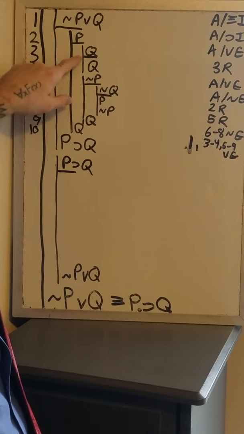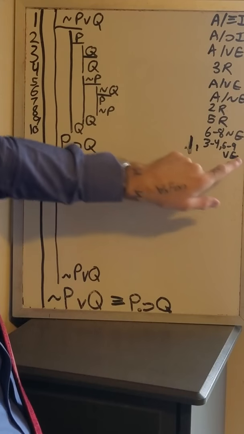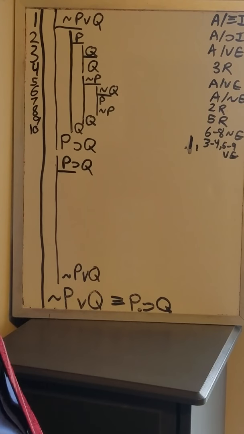So 1, 3 to 4, and 5 to 9, disjunction elimination.